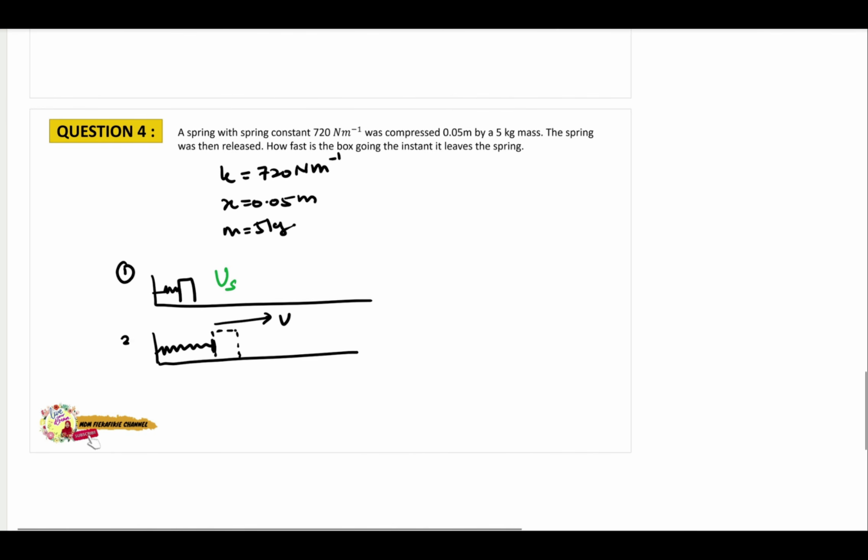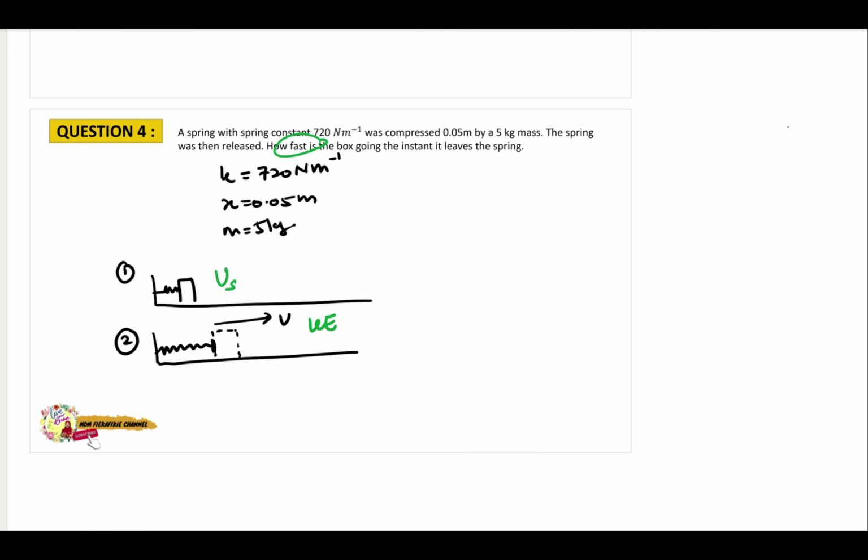So second picture, so kita ada kinetic energy, okay, sebab dia nak kira lah, how fast, means that we want to find V, okay, at the moment, the object leave the spring.